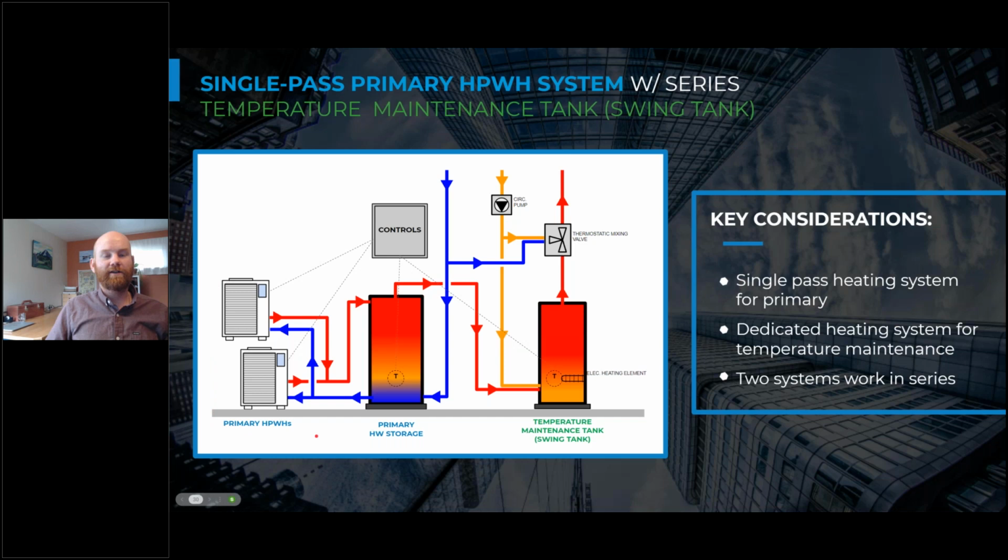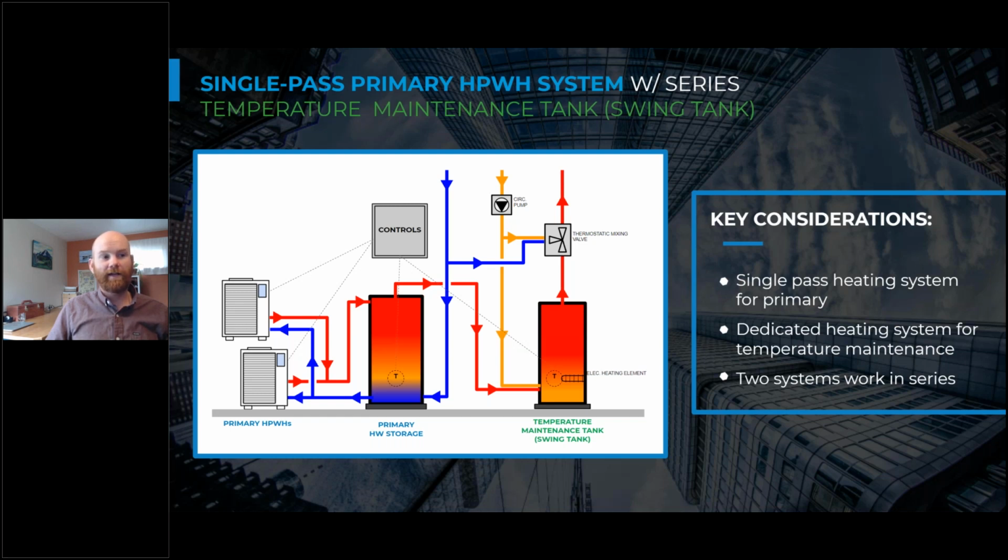Those heat pump water heaters are also super efficient at making overheated water. So we can heat water up to 150 degrees Fahrenheit and be at a very similar efficiency than if we were heating it to 135 or 140 degrees Fahrenheit.